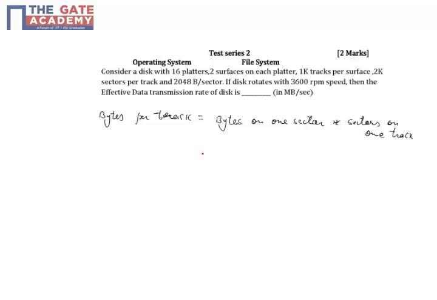So I have to multiply two things: bytes per sector, that is 2048, multiplied by sectors per track, that is 2k, and the answer will be the number of bytes. So this will be 4 into 2 to the power 20, or 4 MB. Total 4 MB you can store on one track.